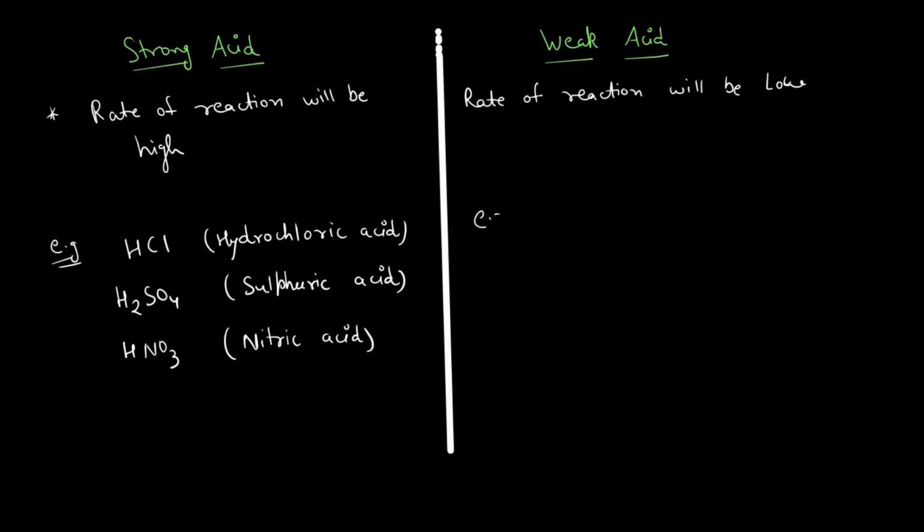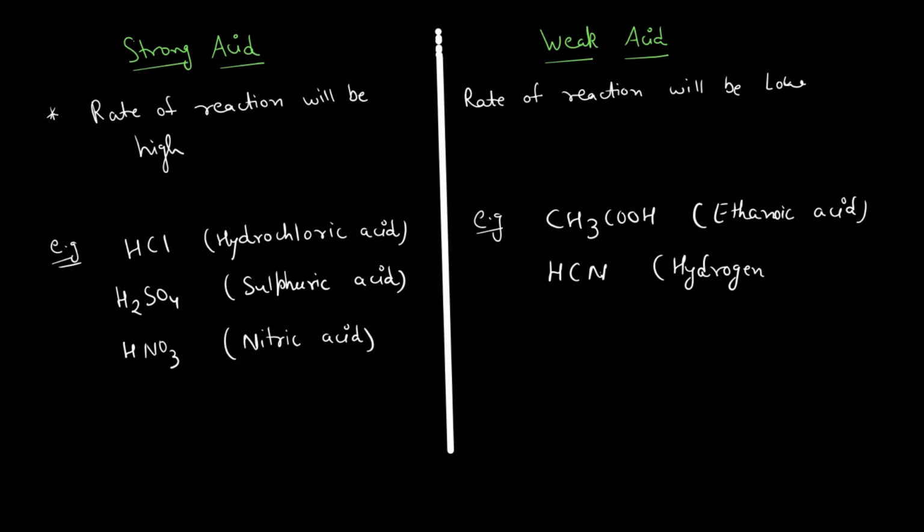Examples of weak acid: acetic acid or ethanoic acid. Then HCN, hydrogen cyanide. It is also a weak acid.